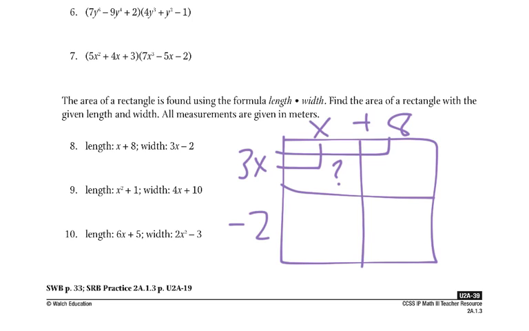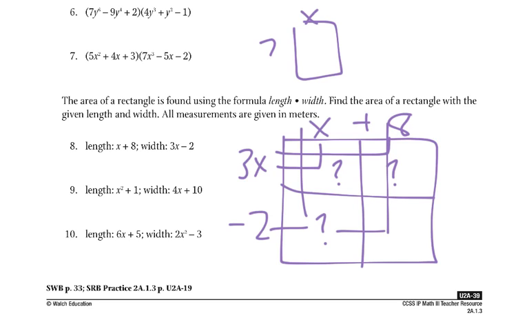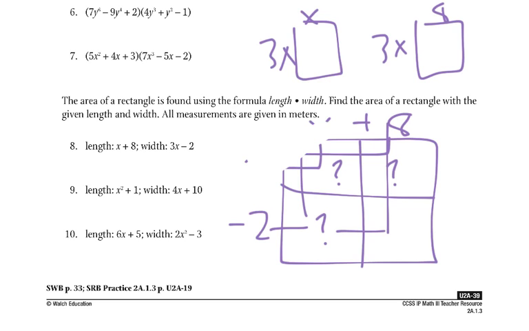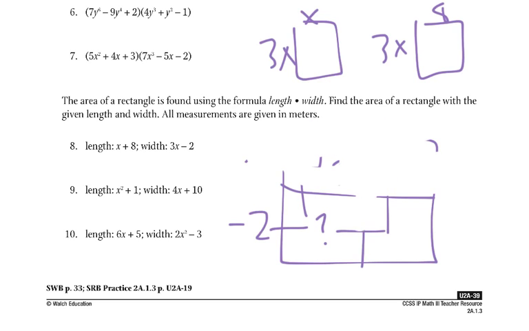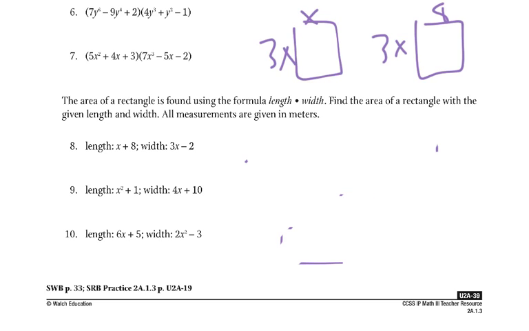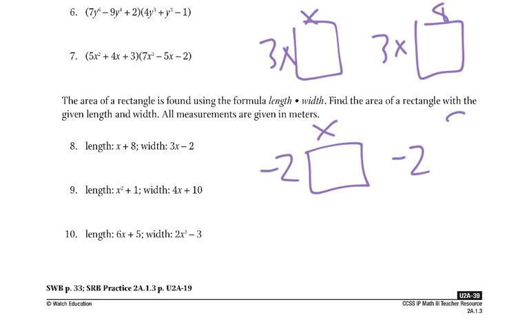I find out what that equals for that little area, this area, and this area. If I could break them up, it'd be like x and 3x, like 3x and 8, like negative 2 and x, and then negative 2 and 8.